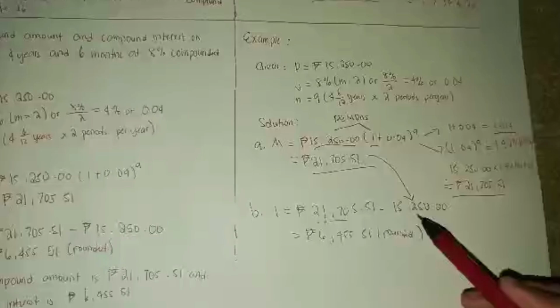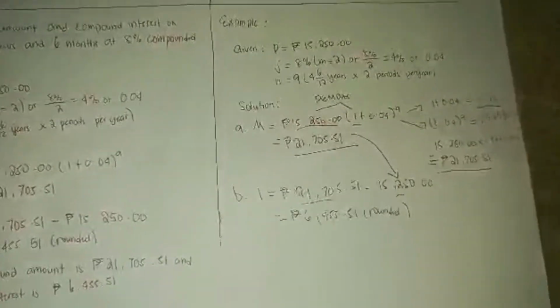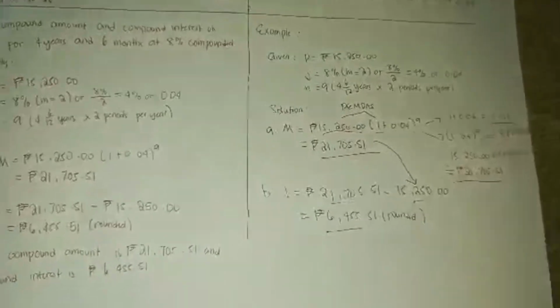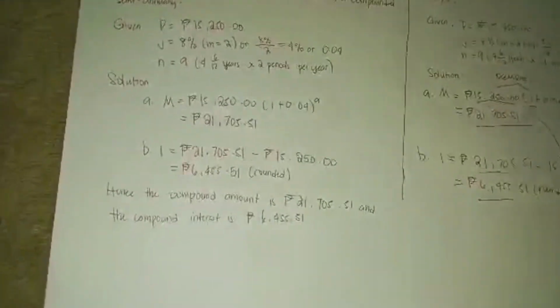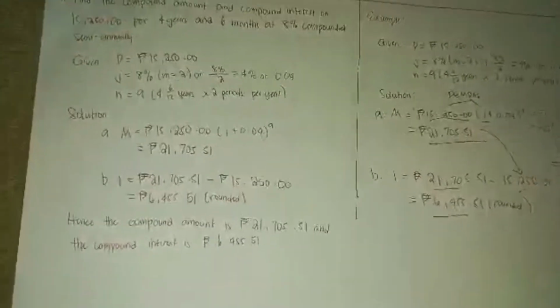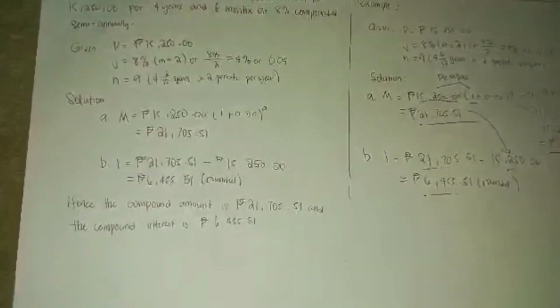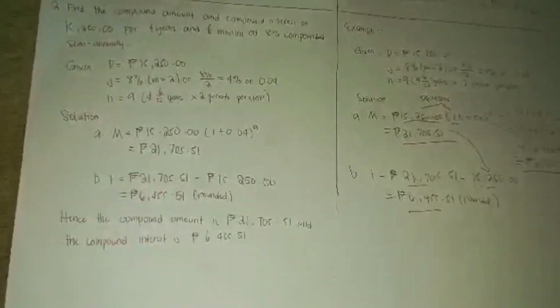Once you subtract, here's the answer, and hence the compound amount is 21,705.51 pesos, and the compound interest is 6,455.51 pesos.